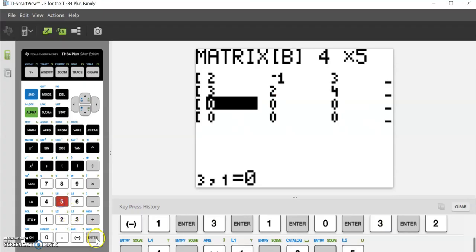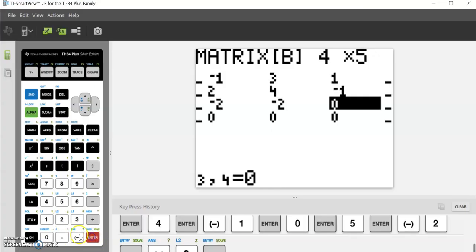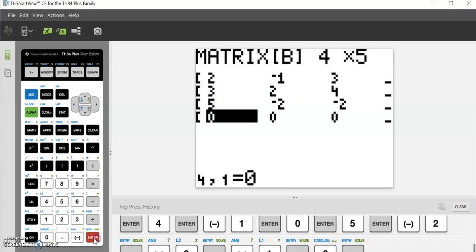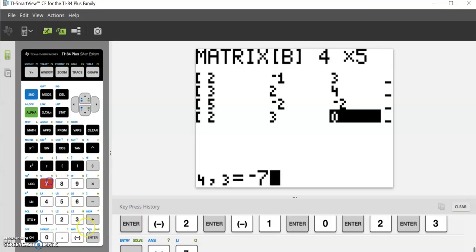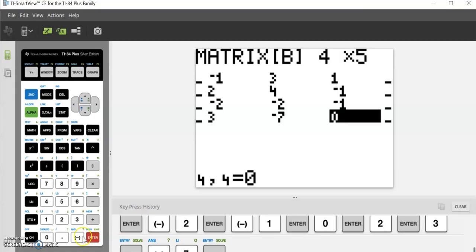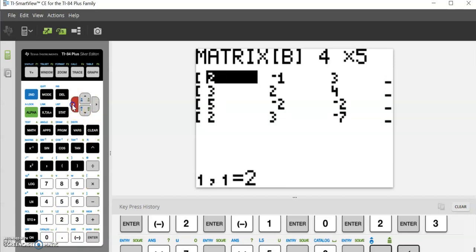Okay, 5, negative 2, negative 2, negative 1, 0. Then 2, 3, negative 7, negative 5. This is the worst part. Okay, 0.